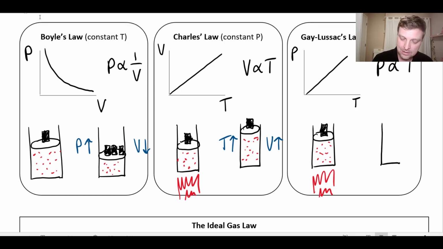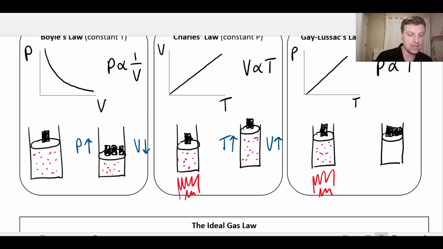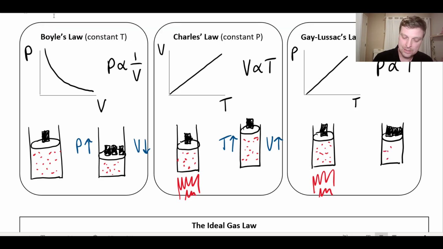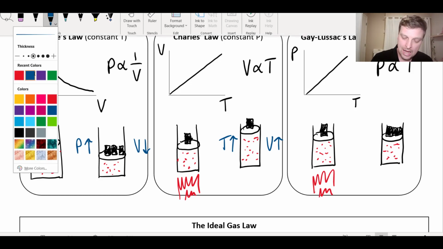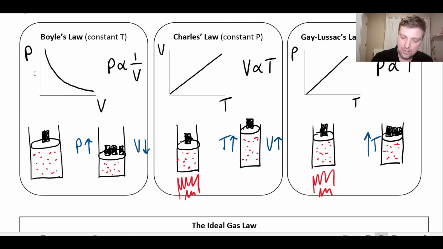So I'm going to have to take this same piston and pack a whole bunch of weight on top of this thing. Otherwise, the piston is going to rise, if I want to keep the volume fixed. And that's because those particles are moving more and more quickly, and there are more and more collisions happening all the time. So you can see that as the temperature went up, so did the pressure.